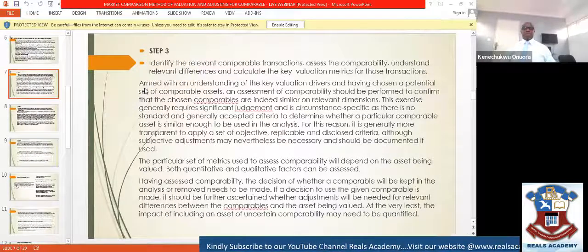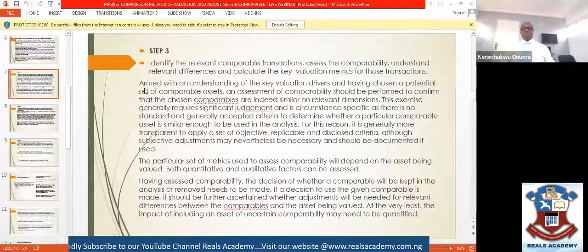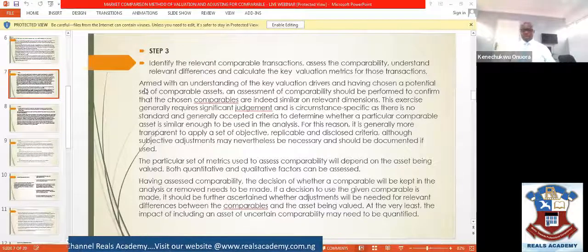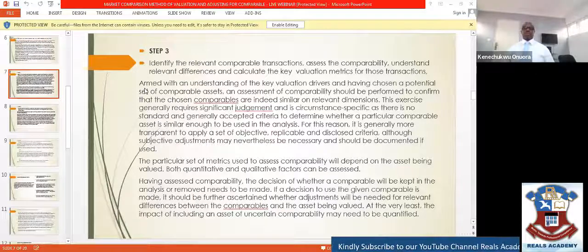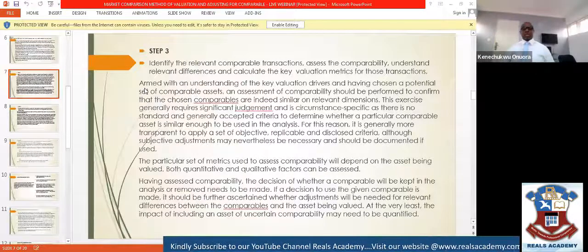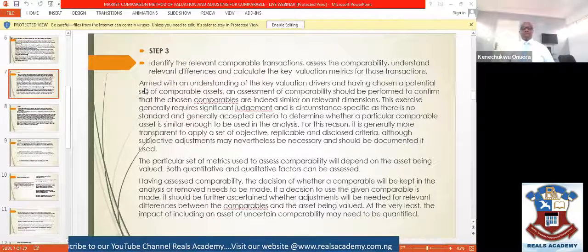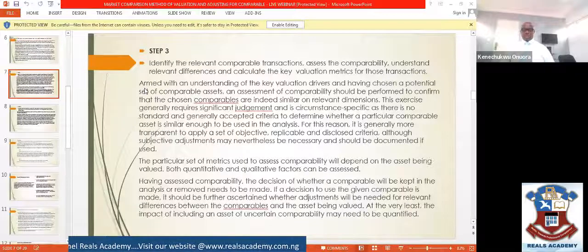Are you comparing a 2-bedroom with a 4-bedroom? You just have to choose comparables that are really similar in terms of dimensions, size, quality of finish, age of construction, location, and the way the transaction was made. So these are the things you need to think of and work with.